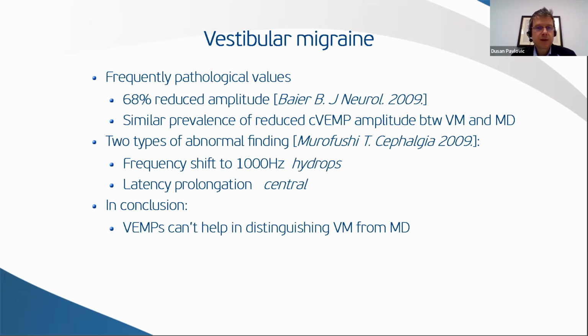But the frequency of a pathological VEMP response in vestibular migraine is not so low. There are two types. The amplitude can be reduced or sometimes absent, and also the latency can be prolonged, which is a much rarer phenomenon, and we consider it as a central problem.